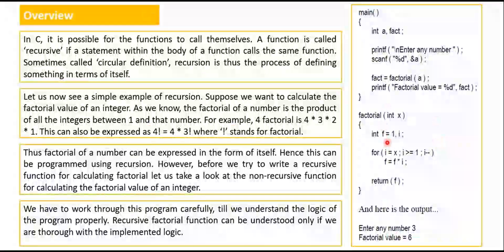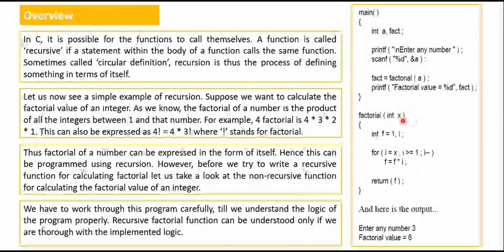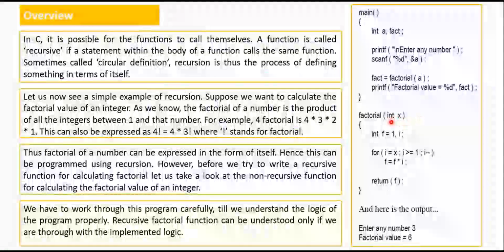In the main function we have the variable int a. We print the message to enter the number, read the number and store it in variable a, and pass the same variable to the function factorial. In this function, it copies the value of the variable and runs a loop from the number down to 1.